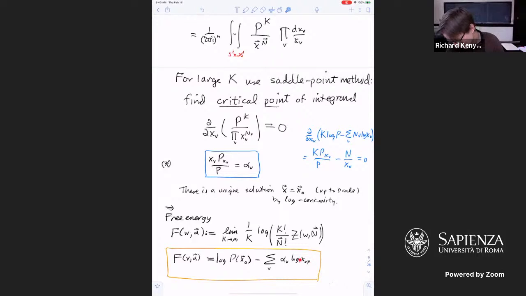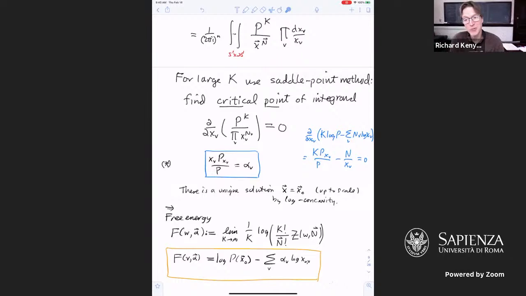And here, by the x's, I mean the x's that satisfy the criticality condition. And we call that the free energy of the model. It's in some sense the limit of the normalized logarithm of the partition function, and that is the leading growth rate for the free energy of the model.